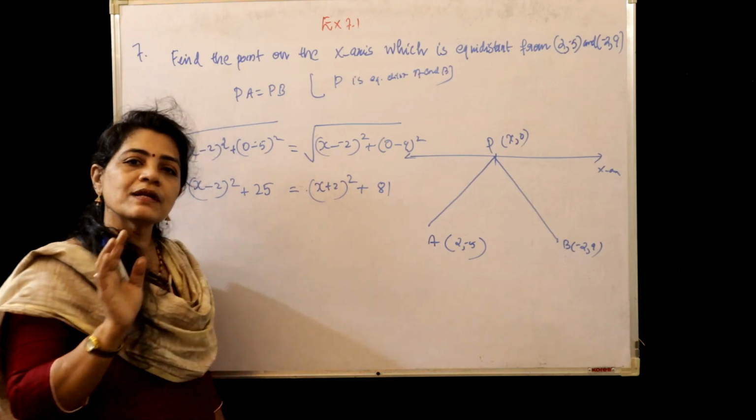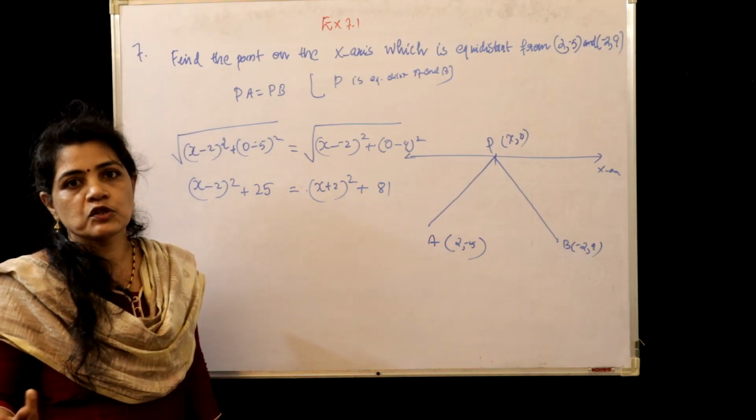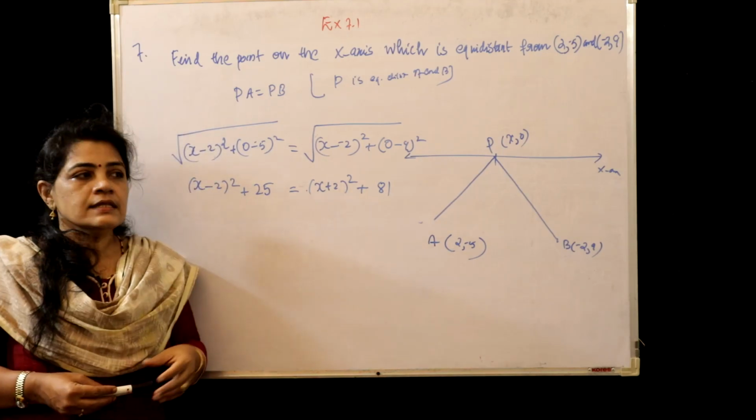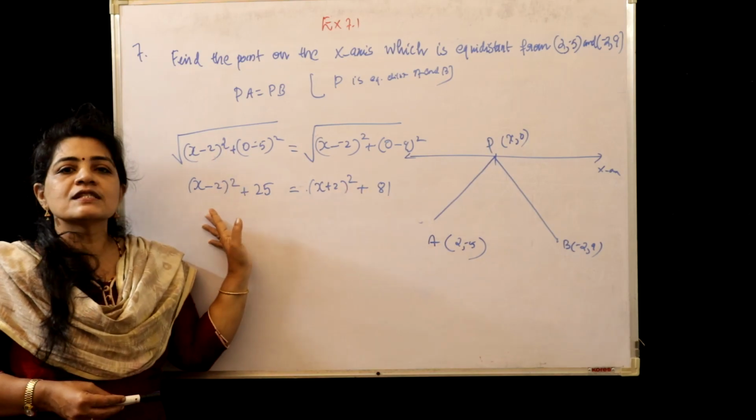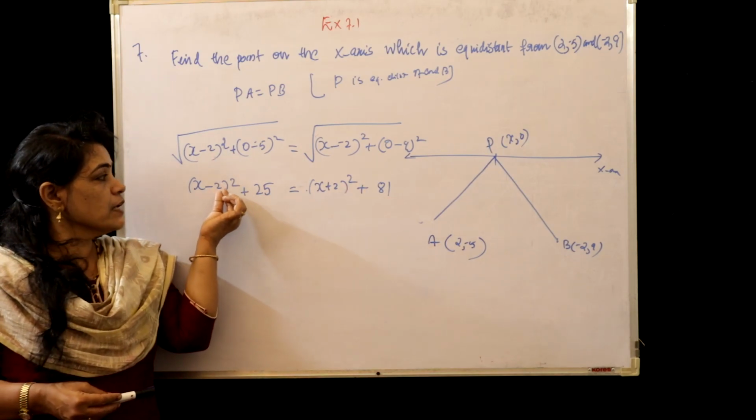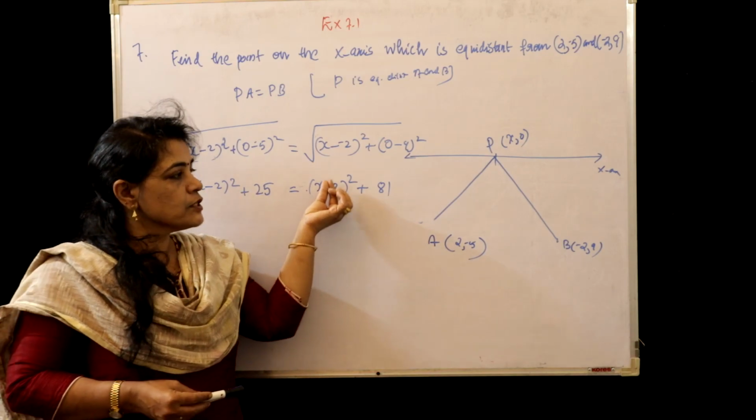Minus 9 square means plus 9 square, 9 square is 81. So after squaring on both sides, you have x minus 2 whole square, and here x plus 2 whole square.